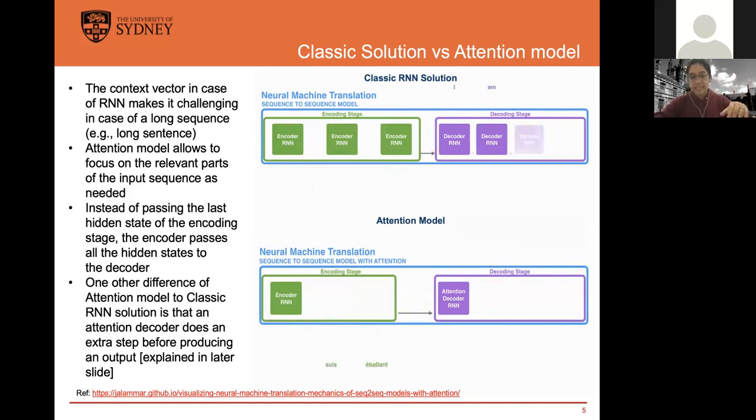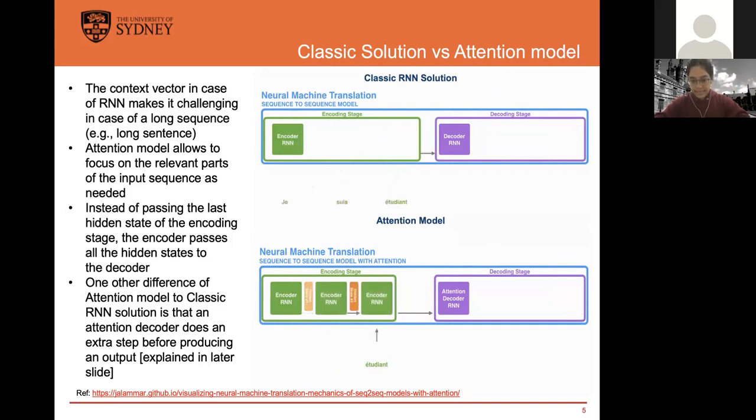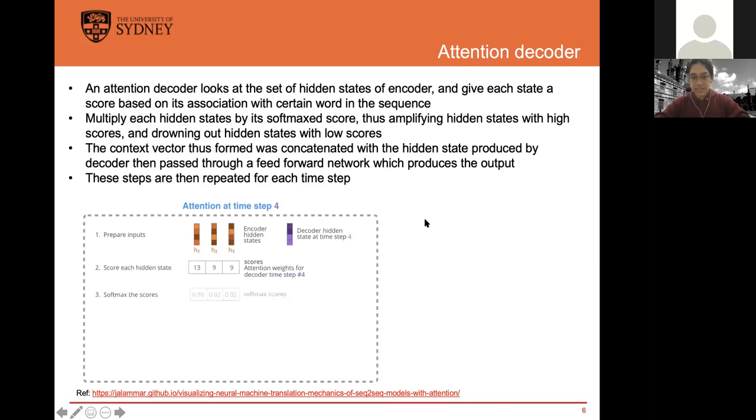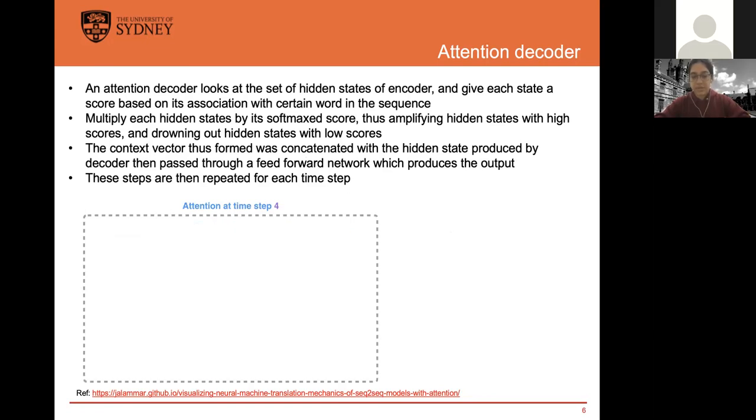But in the attention mechanism, the decoder is presented with all the hidden states, not just the last hidden state. This explains in a little more detail how the attention decoder looks. It looks at the set of all the hidden states of the encoder, and thus gives a well-informed result out of it.